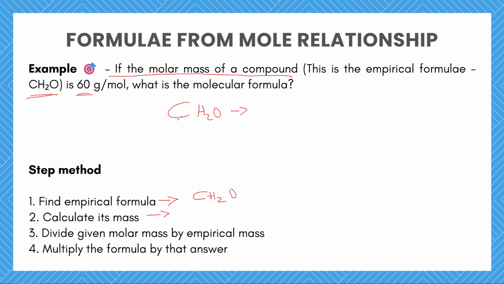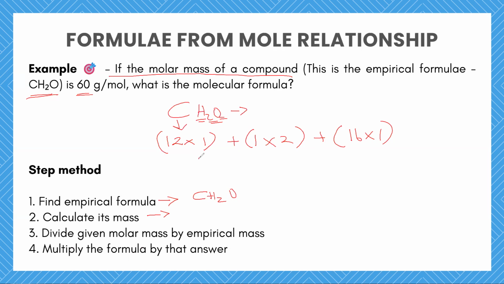So we have carbon, which is 12, and there's just one atom of carbon. So it becomes 12 times 1, plus hydrogen, which is having an atomic mass of 1 multiplied by 2 because there are 2 atoms of hydrogen, plus oxygen, which is 16, and oxygen appears just one atom of oxygen, so it becomes 16 times 1.